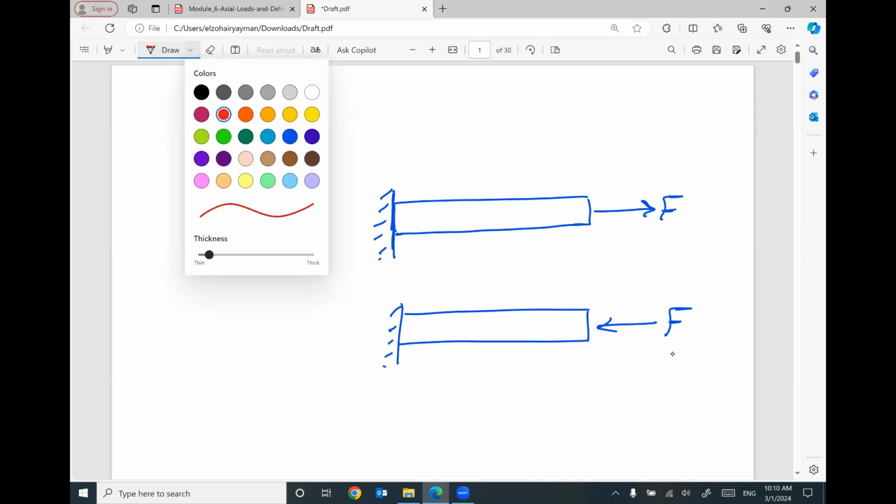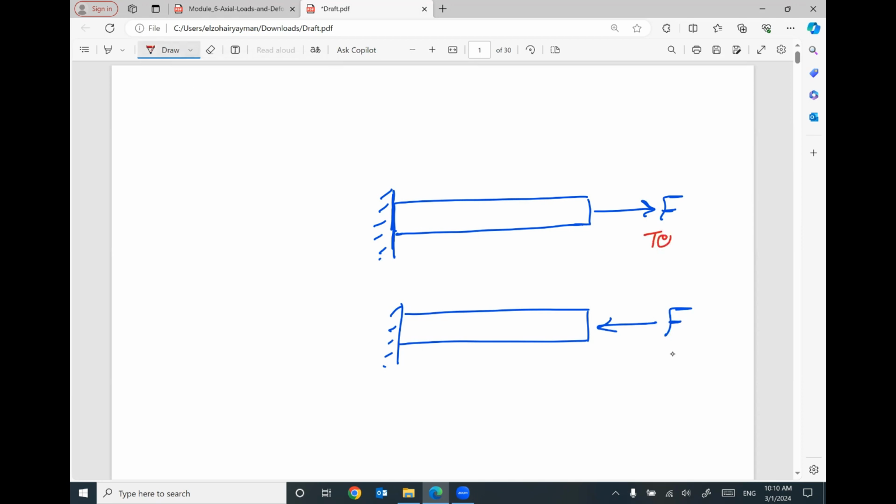This applied force, in this case tension, pulling the member, will cause elongation, delta L. Or if we have compression pushing the member, we will have contraction, delta L.